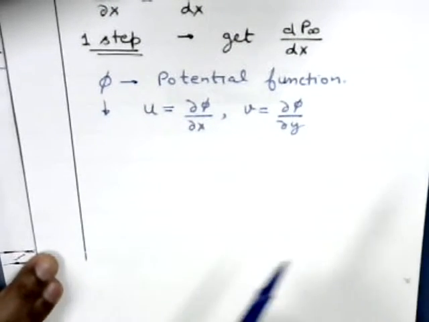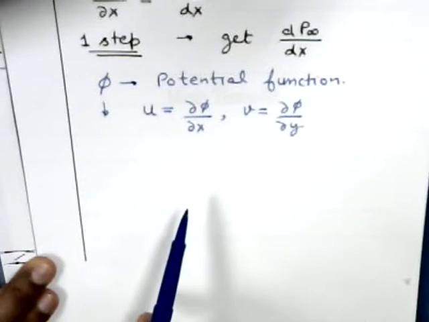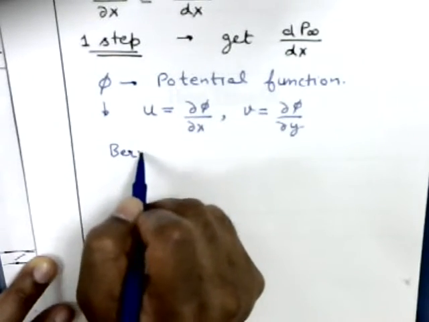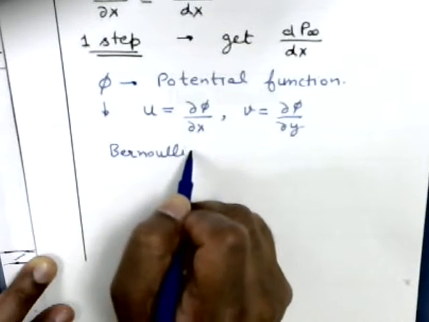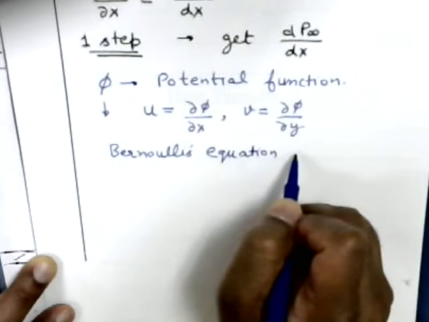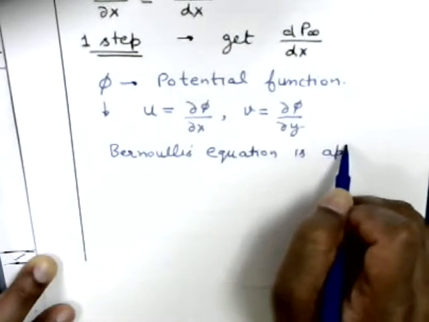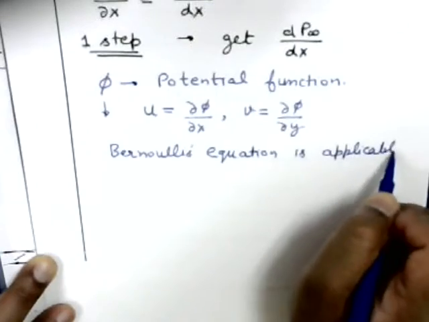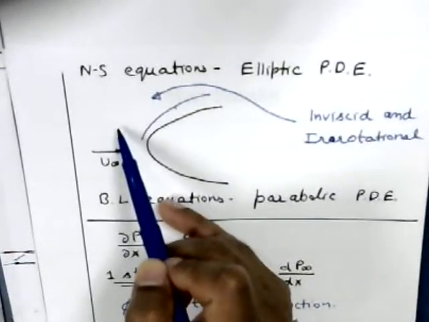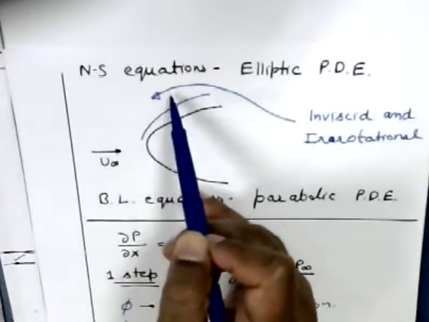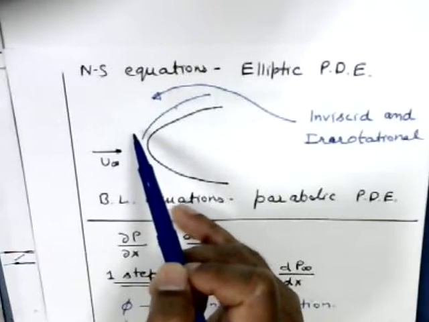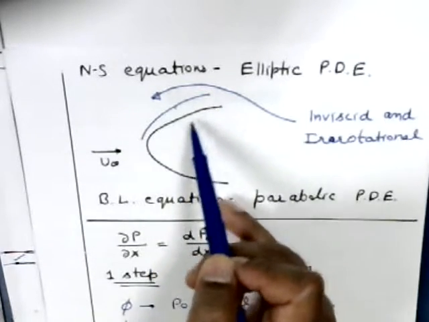And then if the flow is irrotational, Bernoulli's equation is applicable at any 2 points. So you take this point and this point, Bernoulli's equation is applicable because in this region there is no influence of viscosity. Okay. The effect of viscosity is confined to the boundary layer.